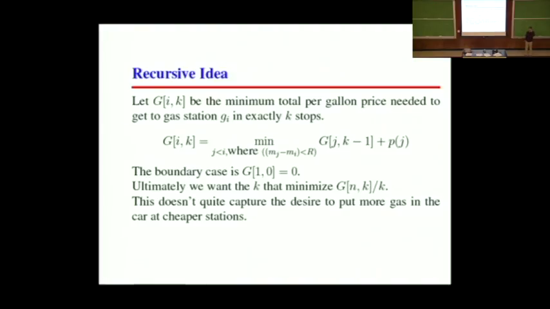You're saying, give me a graph where the weight at any vertex is kind of the cost of stopping there and paying that gas per gallon thing. The answer is that would find the minimum total cost of the gas stations that you stop at. But that doesn't minimize the average cost.